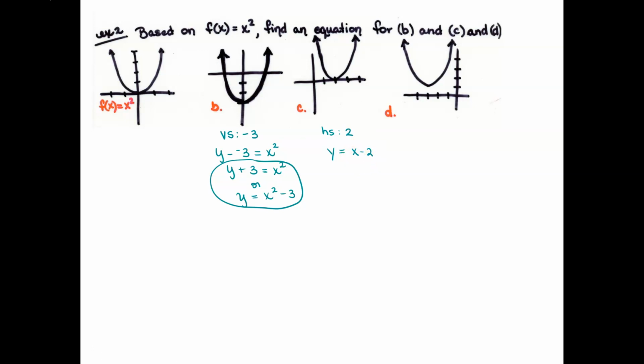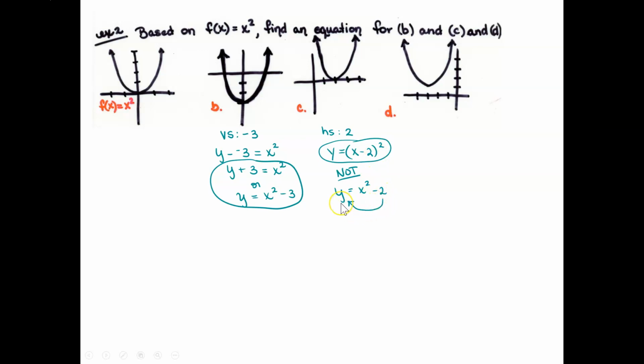Now, I need to be really careful here when I put my square on. Do I want to put my square right here on the x? Or do I want to have x minus 2 in parentheses and put my square there? I need x minus 2 in parentheses with my square there. Why? Because if I don't, if I write it this way, that 2 is not stuck to the x.